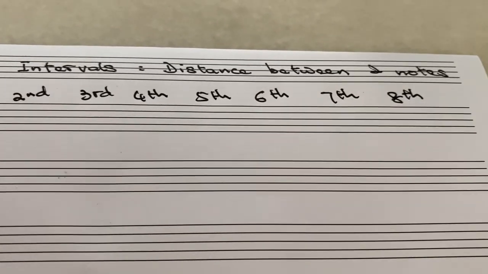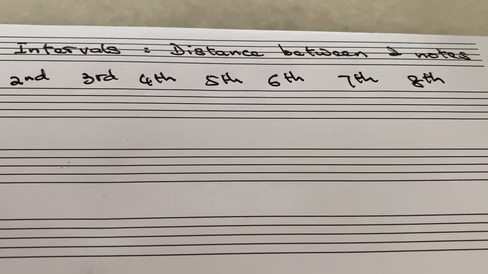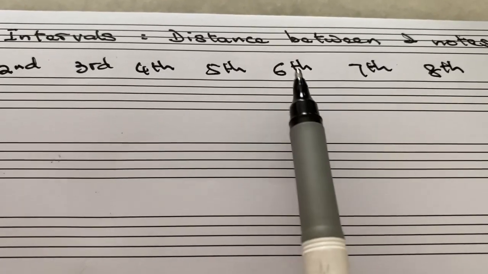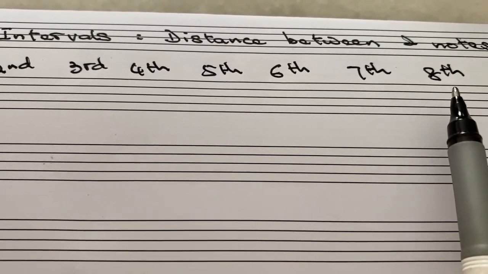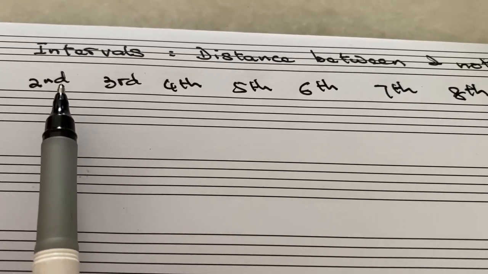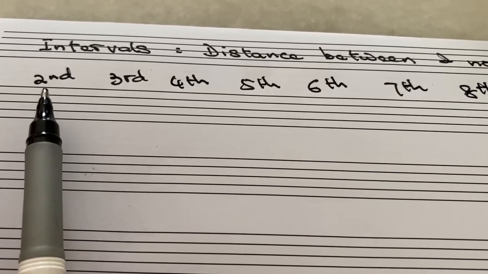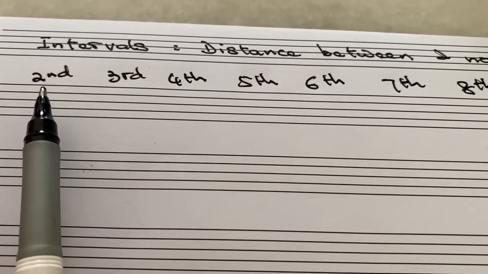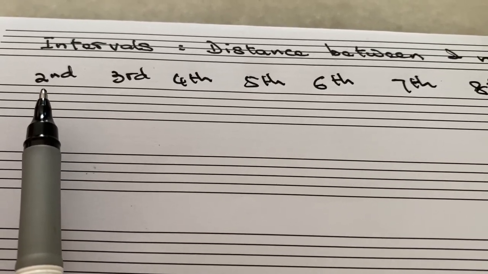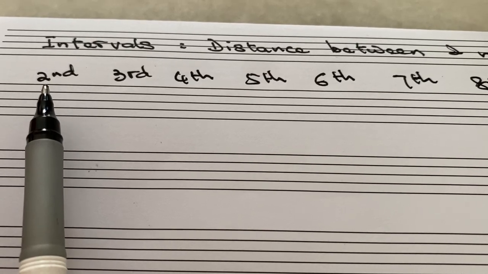In one octave, the numbers are second, third, fourth, fifth, sixth, seventh, eighth. How do we get 2nd? Basically, you take the number followed by the last two letters of the word second, S-E-C-O-N-D. So you take N-D and put it next to 2.